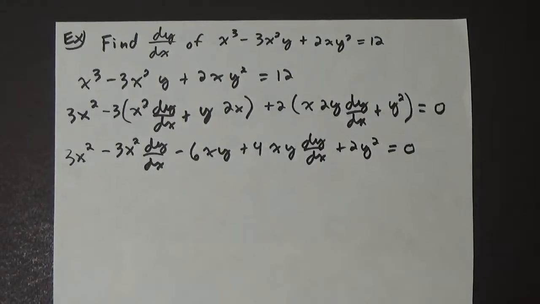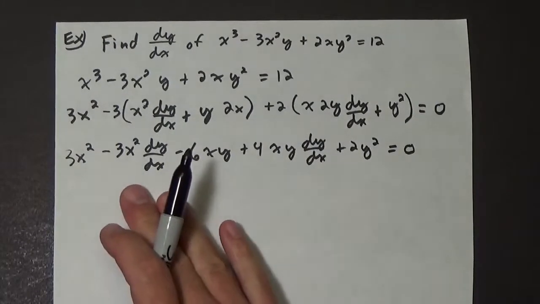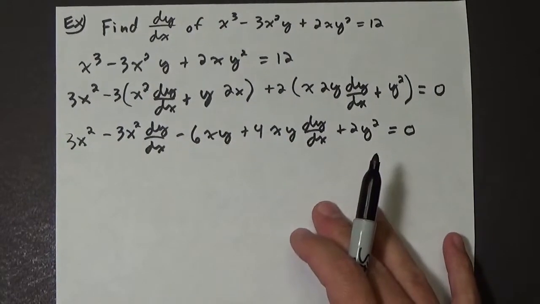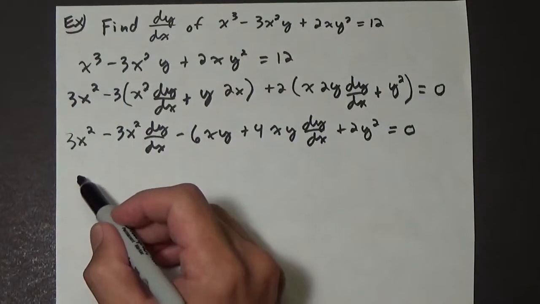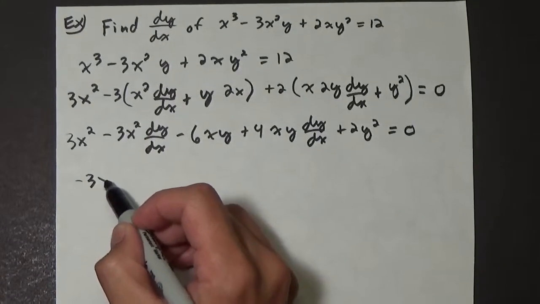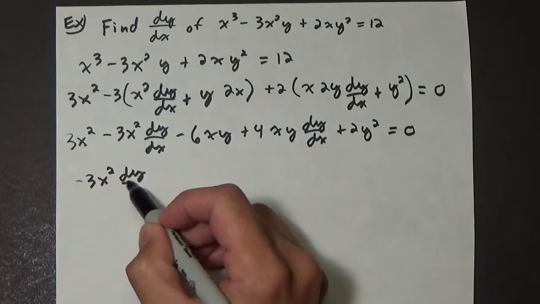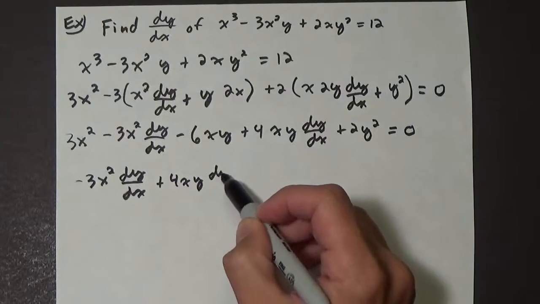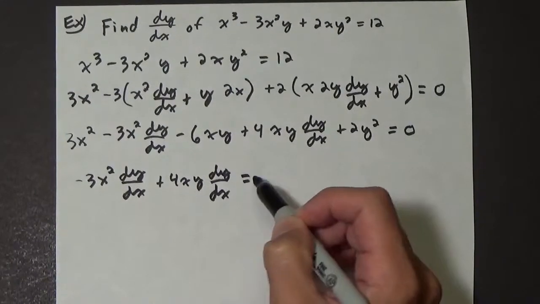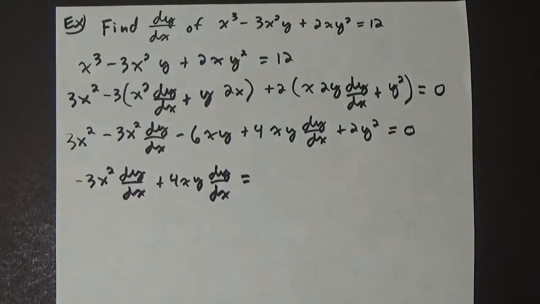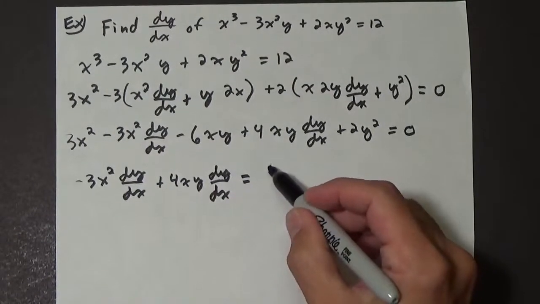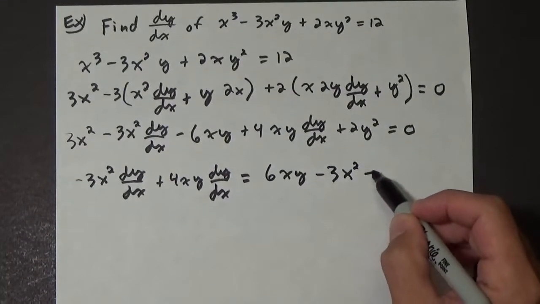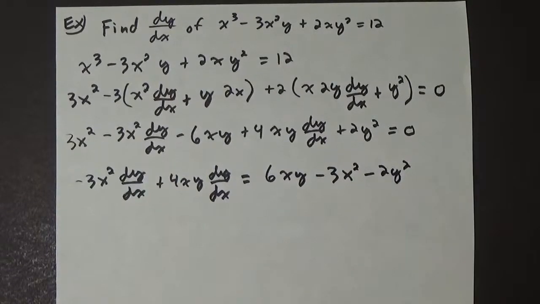Okay, so then the next step is we're going to get all the dy/dx terms on one side and everything else on the other side. So let's see here. We have a negative 3x squared dy/dx plus 4xy dy/dx. And that's going to equal, well, I'm going to put 6xy first, minus 3x squared minus 2y squared.